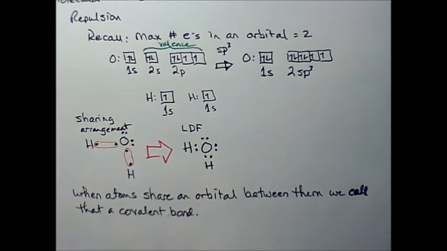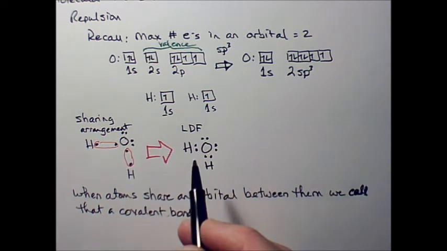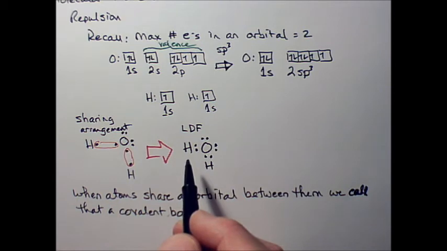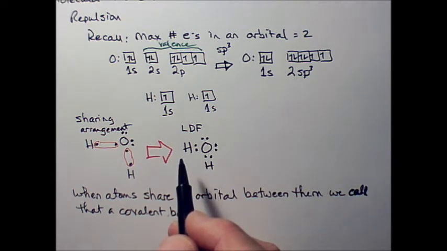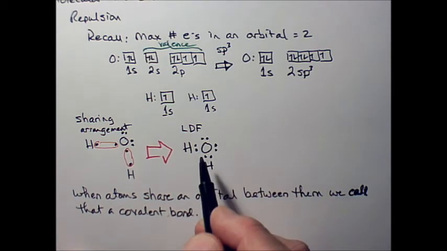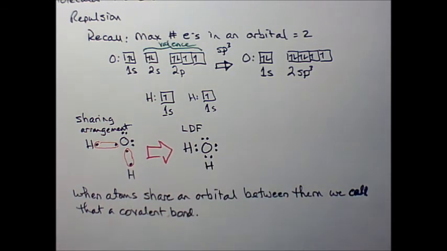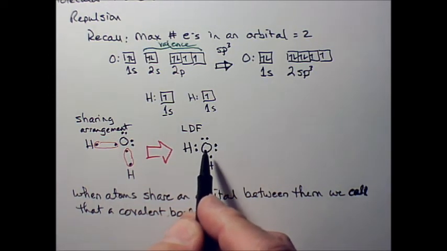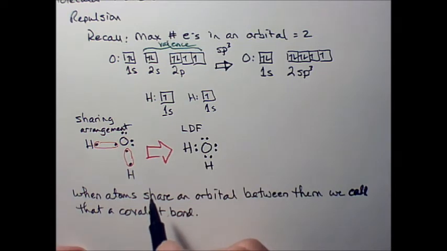You might need to know what it is. So we got a sharing arrangement, then that becomes a Lewis dot formula. And we went through the process of showing you how you get a three-dimensional shape yesterday. Looking at how hybridized orbitals like to avoid each other as much as they can. They still have to be attached to the oxygen, but they want to be as far apart as they can from each other.